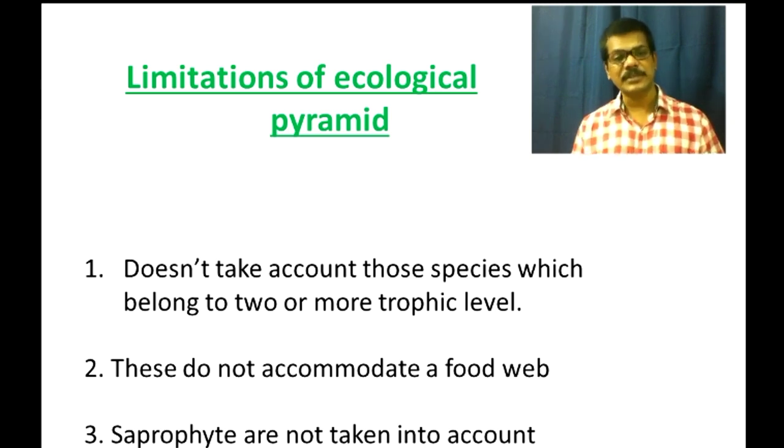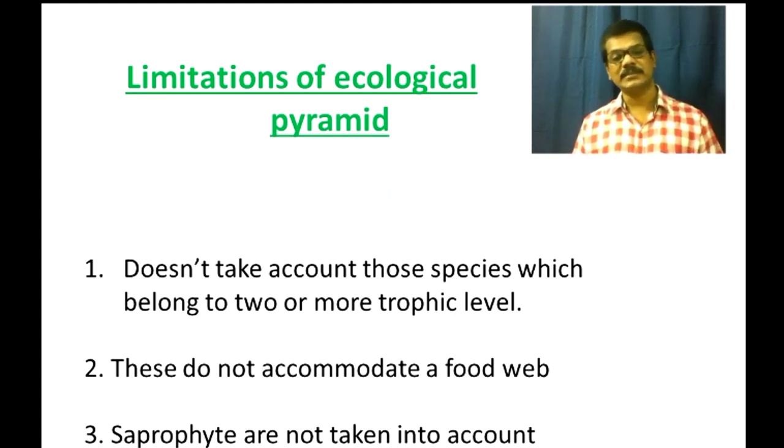When we discuss the limitations, the first one is that while constructing an ecological pyramid, it doesn't take into account those species which belong to two or more trophic levels.